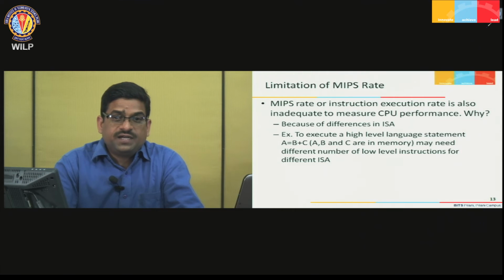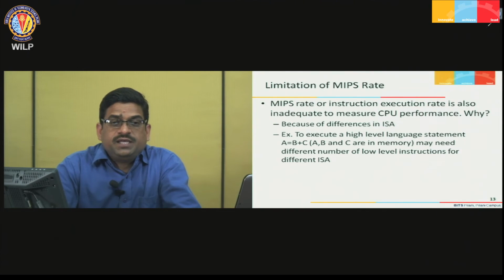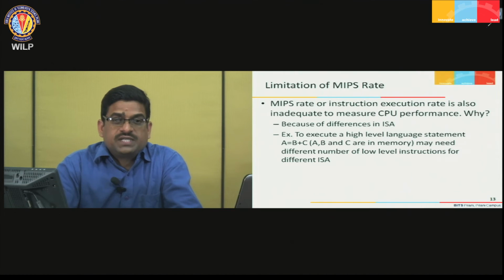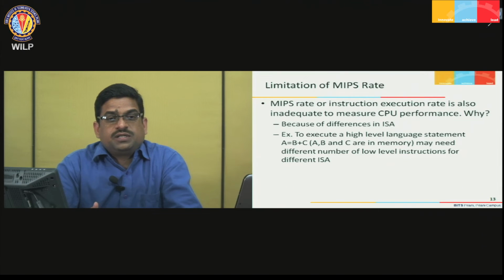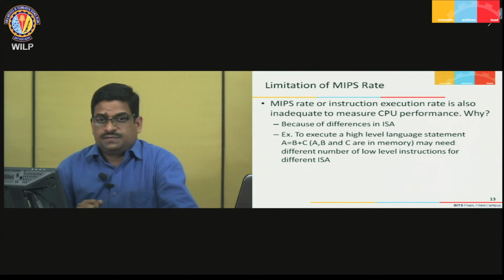If the ISA is different, the basic operations performed by each computer are different. Maybe for addition one ISA performs one instruction at the lowest level, and for another computer the ISA performs 4 operations for addition. So, let us take one example to understand this.